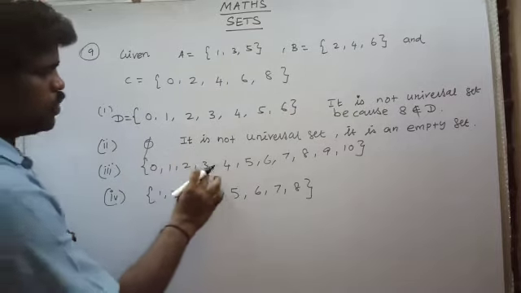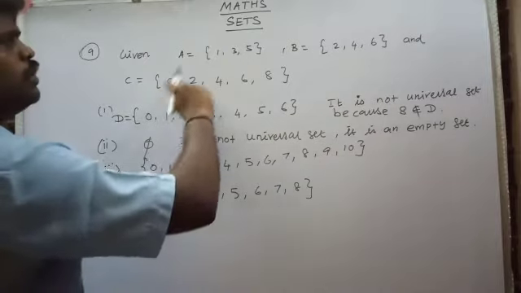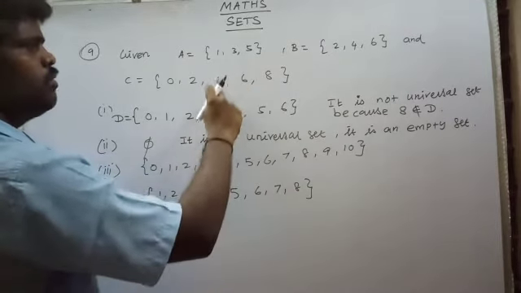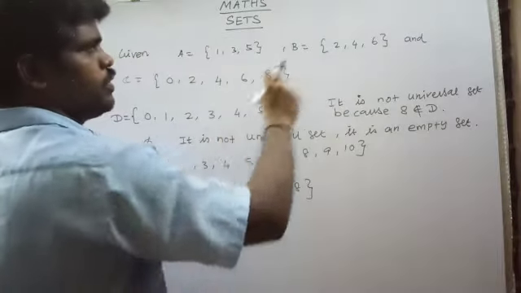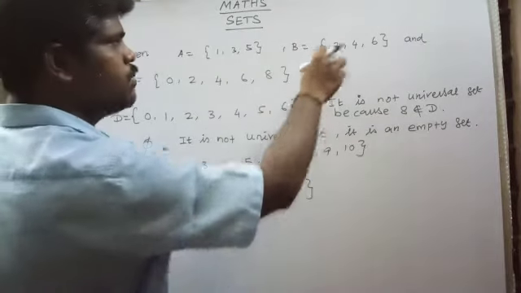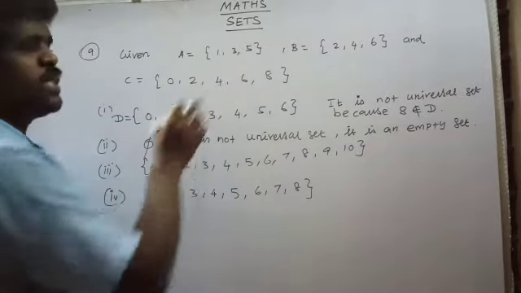And this: 0, 1, 2, 3, 4, 5, 6, 7, 8, 9, 10. Here 0, 1, 2, 3, 4, 5, 6. So 8 is here. Another number is not here, but the universal set has more numbers including the elements of the subsets.